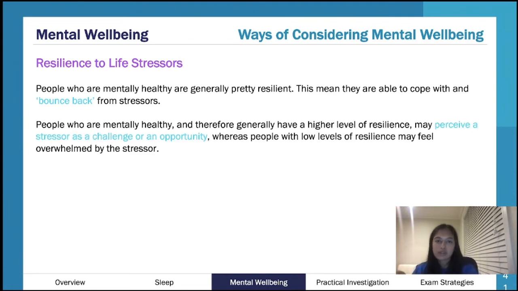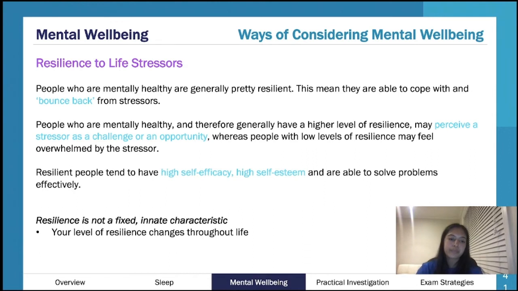So a higher level of resilience is obviously associated with a higher level of mental well-being, because when challenges arise, they can be perceived in a more optimistic way, or one can perceive that I'm going to overcome this hurdle, as opposed to if this challenge comes up and it's the end of the world, that sort of poor resilience. You can see how those two different perspectives would lead someone to have a higher mental well-being or a poorer mental well-being.